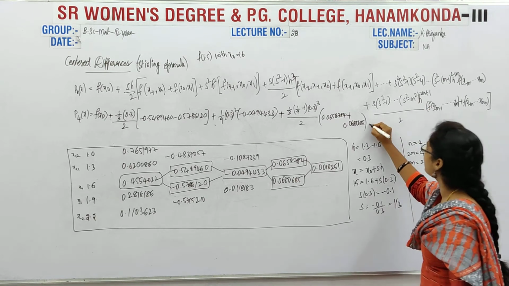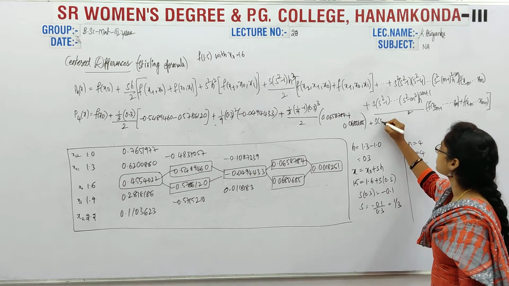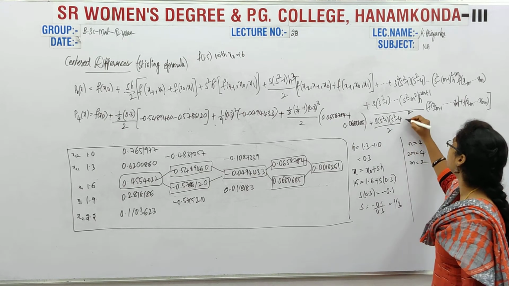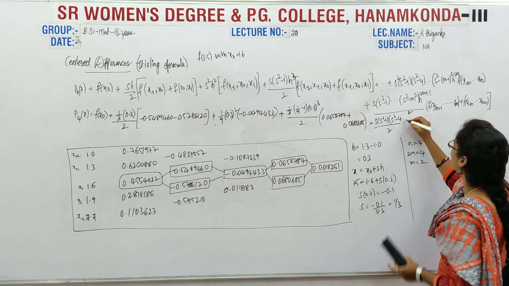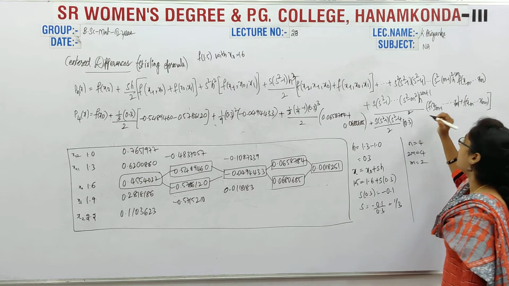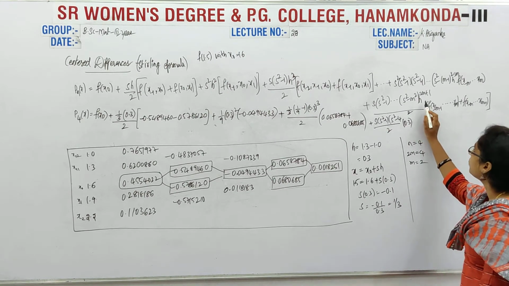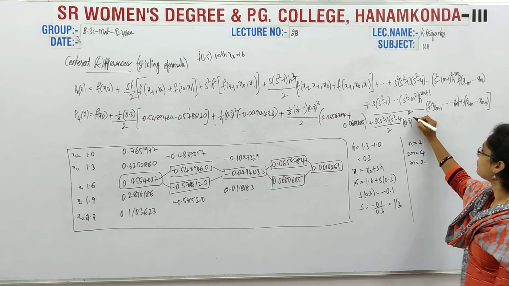So now here plus s into s square minus 1 into s square minus 4 by 2 into h power, h means 0.3. Okay, so now h cube is already finished. Now h to the 2m plus 1, 2m is 4, 4 plus 1, that is 5.